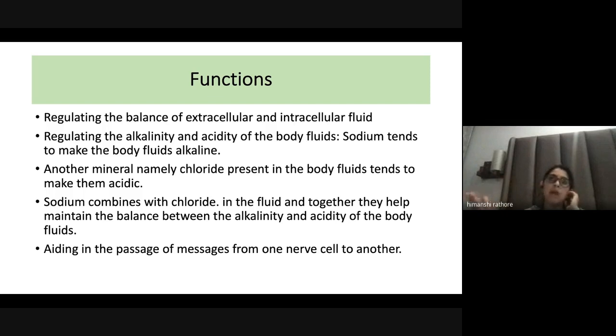Like if I have to pick up a water bottle, then my brain will send a signal to my hand that okay, you have to pick up that water bottle. That message is carried by the nerves, and sodium helps in transferring those messages from one organ to another organ. So this is another function of sodium.